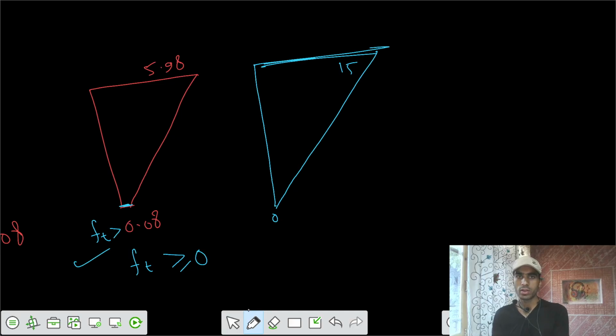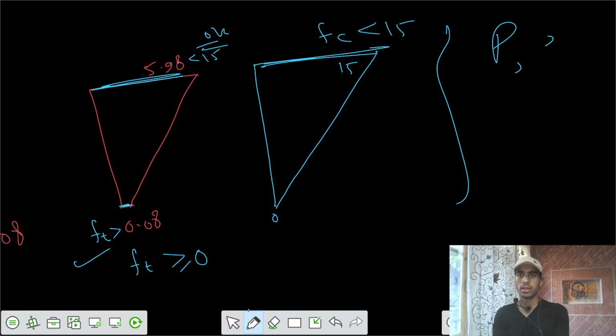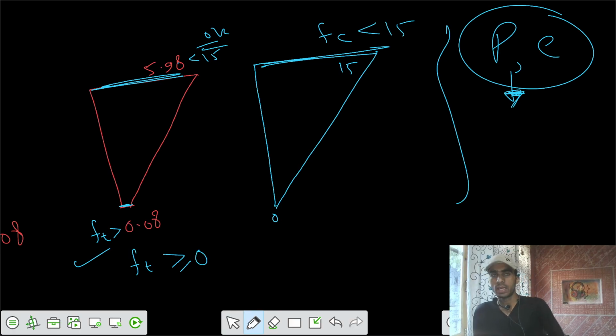And the condition for the compression zone was that stresses should be less than 15, and here we have stresses less than 15, that's also satisfied. So your value of P and E is correct, so you can finally take the value of P and E as per the requirements that we have solved for.